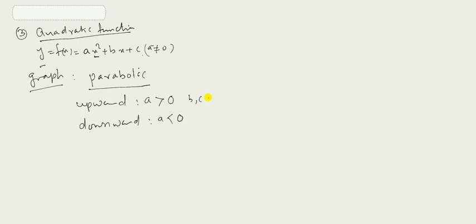So B and C must be positive. Here also B and C must be positive. So after making B and C positive, you have to see whether A is greater than 0 or A is less than 0. If A is greater than 0, it will be an upward parabola. If A is less than 0, then it will be a downward parabola.